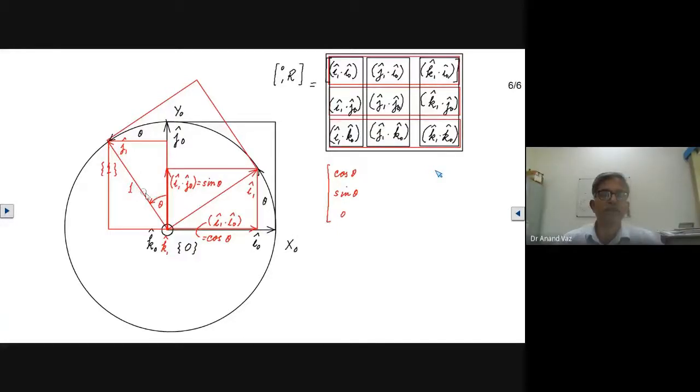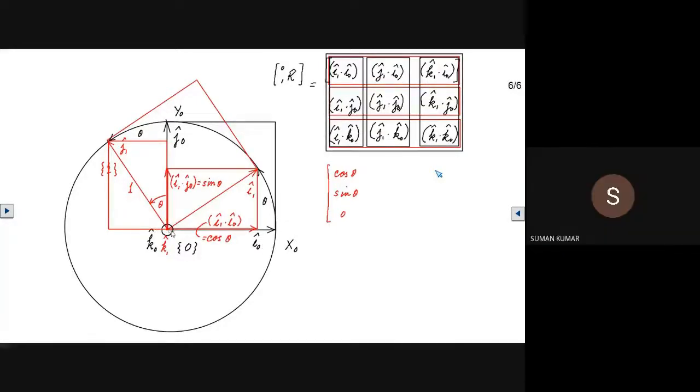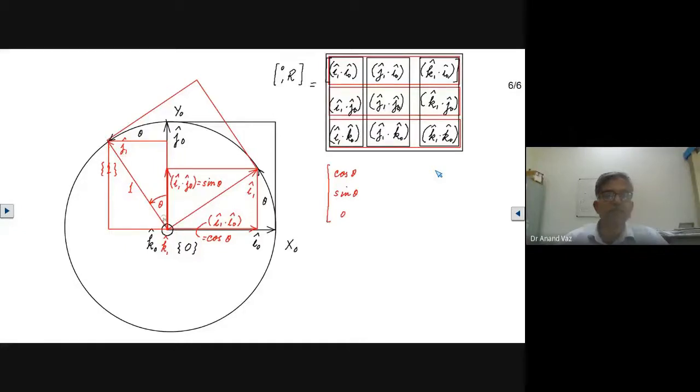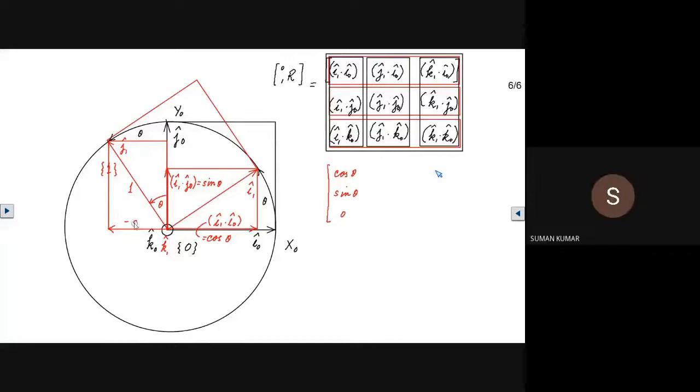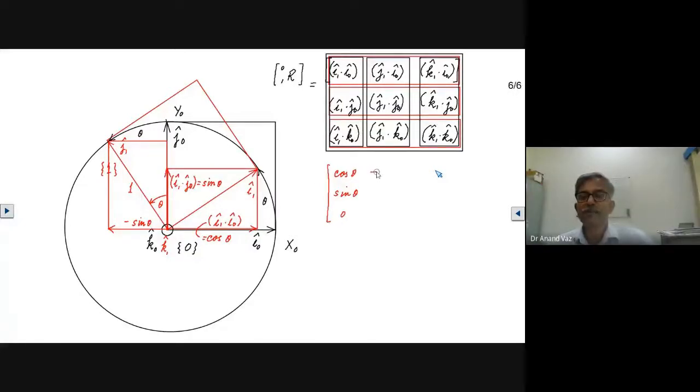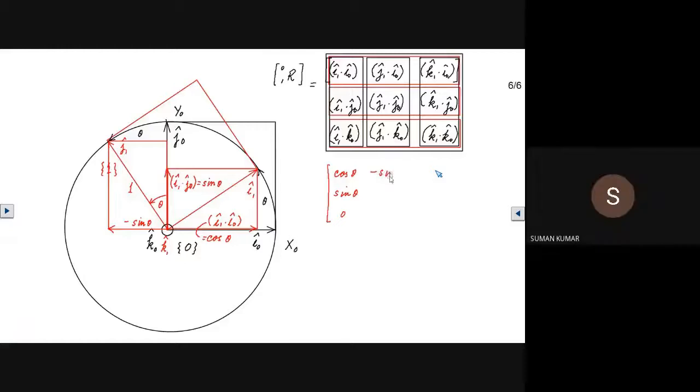The radius of the circle is 1. First, J1 dot I naught. That is the projection of J1 along I naught, and it is pointing in the negative direction, so it is minus. The magnitude is the opposite side, sine of theta. So this corresponds to minus sine of theta.